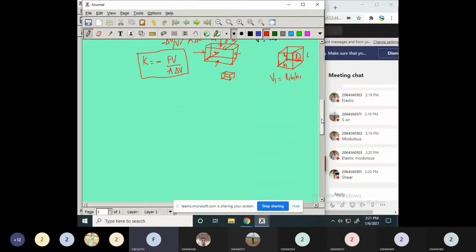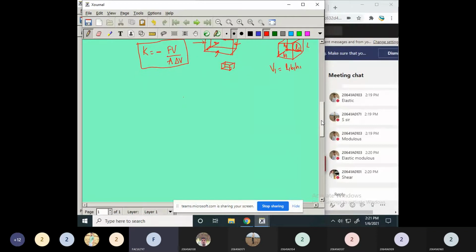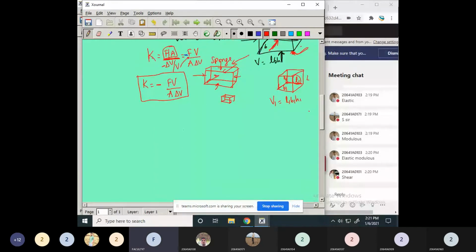If you are writing the running notes, you will definitely get the answer directly. The remaining thing is the rigidity modulus. Yesterday I had mentioned rigidity modulus. Shear modulus is okay, but actually I am going to consider this as a rigidity modulus.